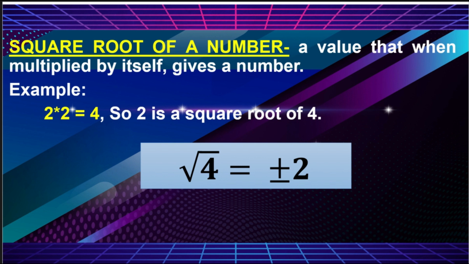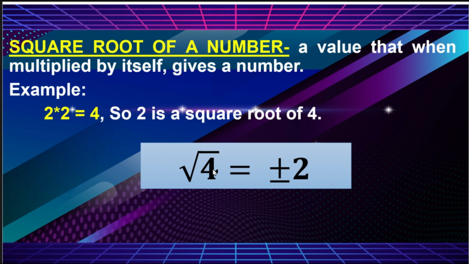Perfect square means the product of an integer with itself. For example, we have number 2, the integer is 2. If we are going to multiply 2 by 2, the answer is 4. And that 4 there is the perfect square.